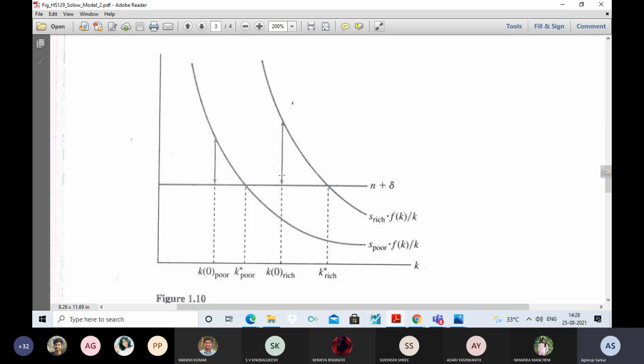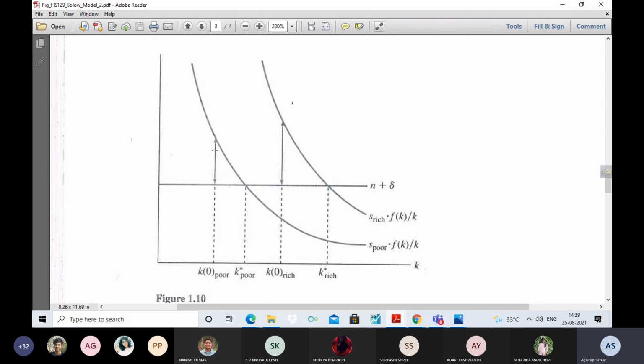Here, look into this vertical distance and this vertical distance. This vertical distance represents the growth rate of capital per labor for a rich nation. The growth rate of capital per labor is definitely slightly higher for a rich nation as compared to a poorer nation. The poorer nation has a lower growth rate of capital per unit of labor, right?